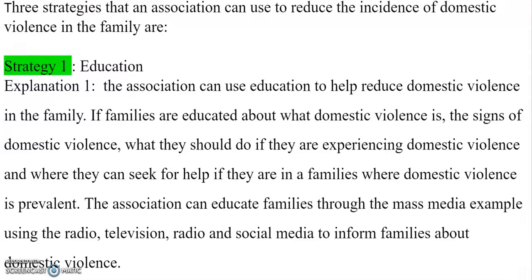The association can educate families through the mass media. Example, using the radio, television, social media to inform families about domestic violence.